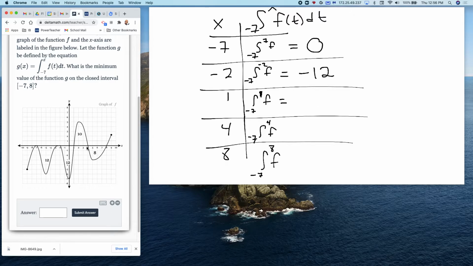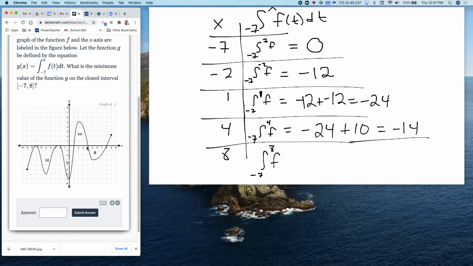This one would be -12 plus -12 to get -24. This one would be -24 plus 10 because now we've gone above the x-axis, or -14. And the last one is -14 plus -8 because we've gone below the x-axis again, or -22.